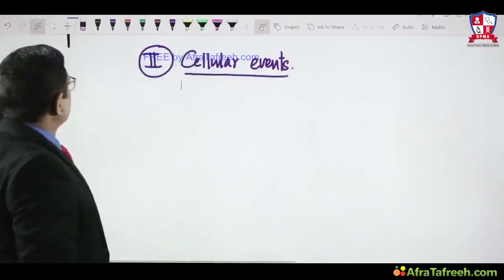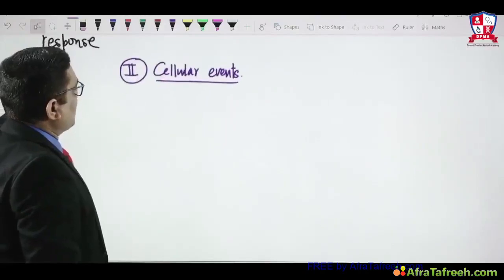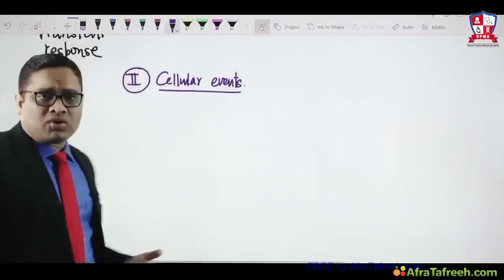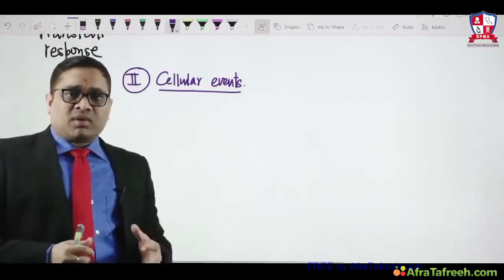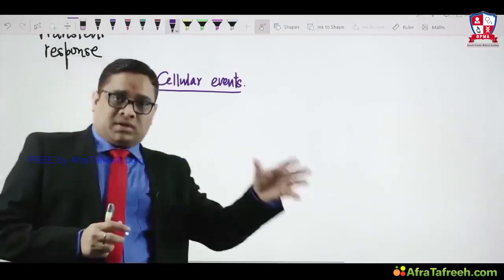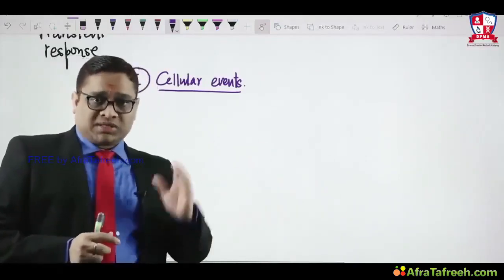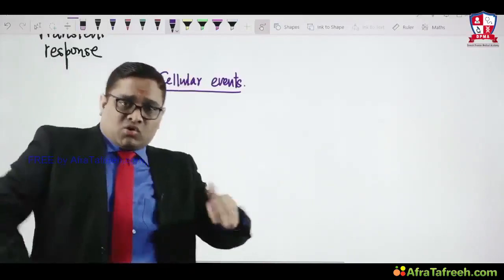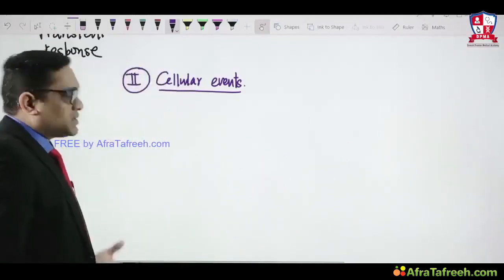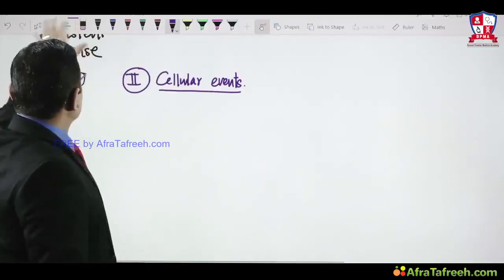So what will happen in cellular events of acute inflammation? As I have told you, it is the movement of the inflammatory cells towards the outside, towards the bacteria residing outside the lumen of the blood vessel, right? So now we will see what are the steps in cellular events of acute inflammation.